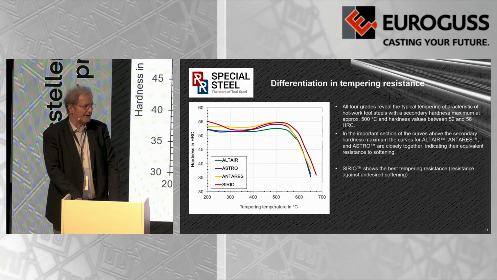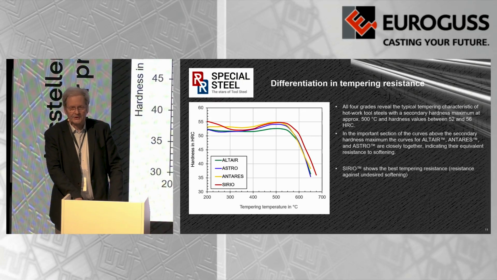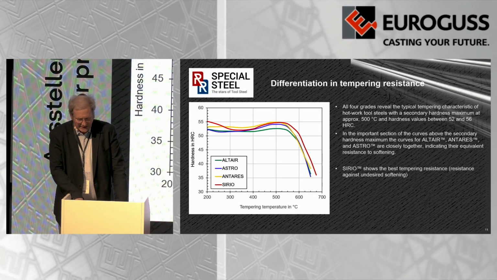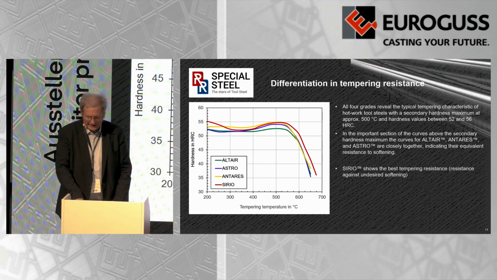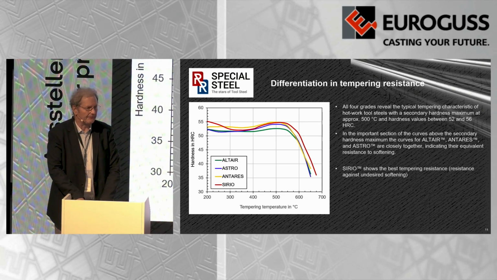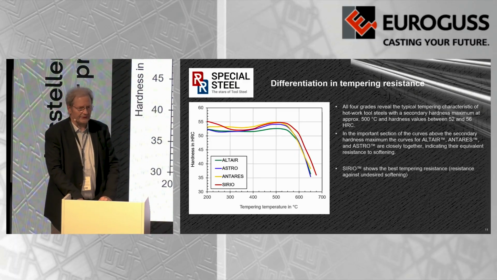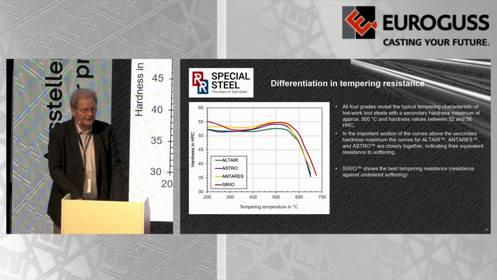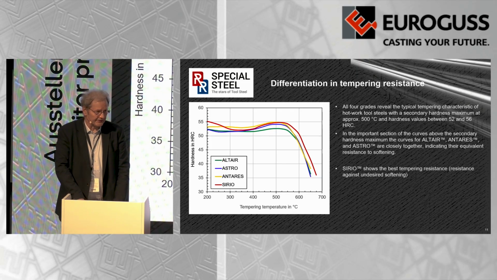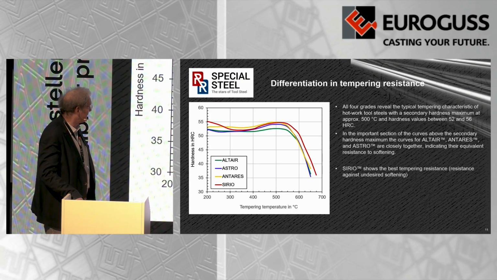How can we differentiate between these grades? The first differentiation is the tempering resistance of the steel. These tempering curves are, on the one hand, a good tool for the die heat treater because it helps to set the correct working hardness of the dies. But it is also a good tool to differentiate between the grades with regard to the undesired softening, or the resistance against softening.